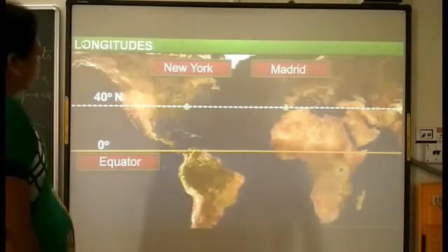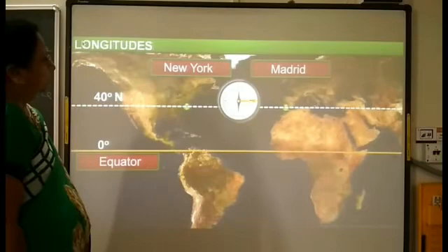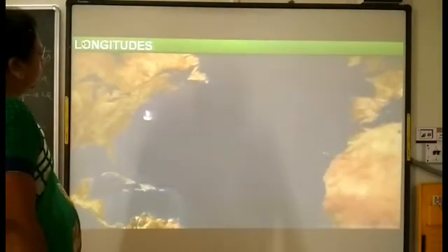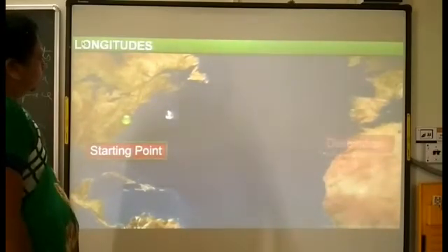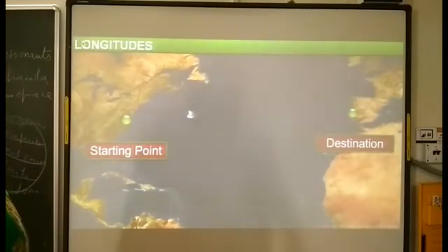However, as you can see, Madrid is located to the east of New York. Suppose you were on a ship somewhere between your starting point, New York, and the destination point, Madrid. How will you tell where you are? Would you be able to pinpoint the location correctly using just the latitude of Madrid?